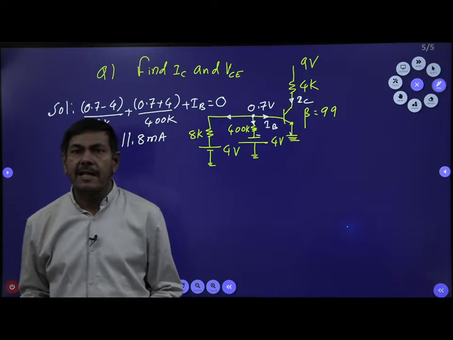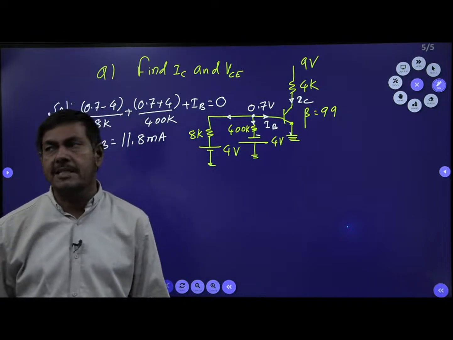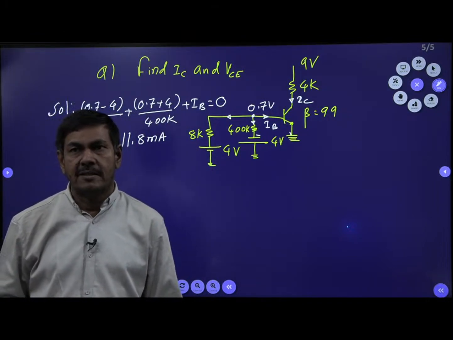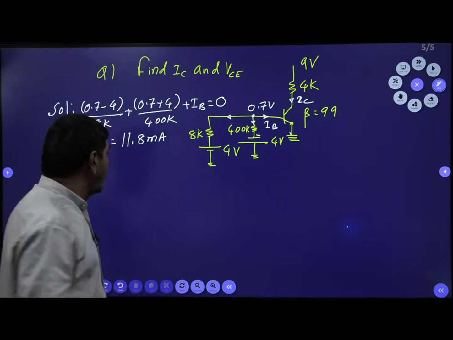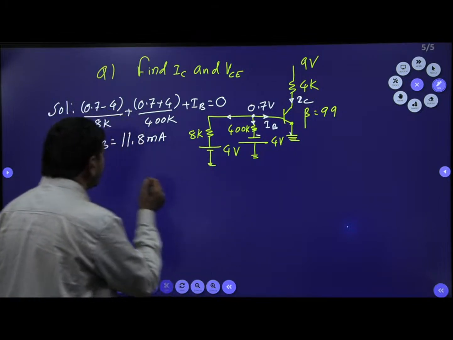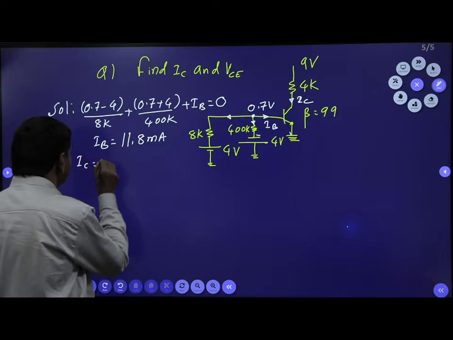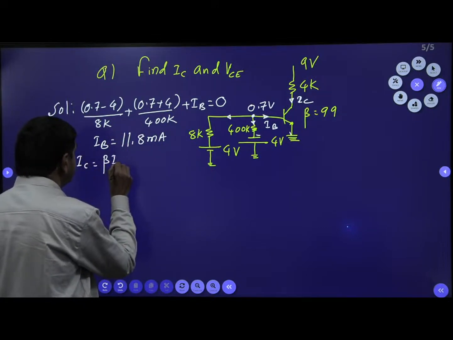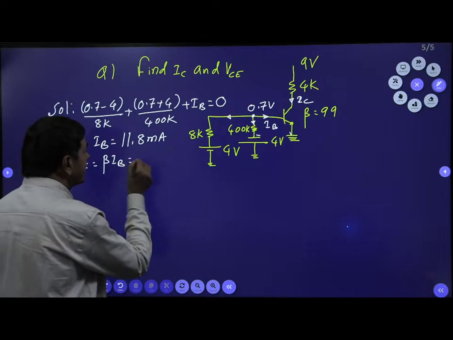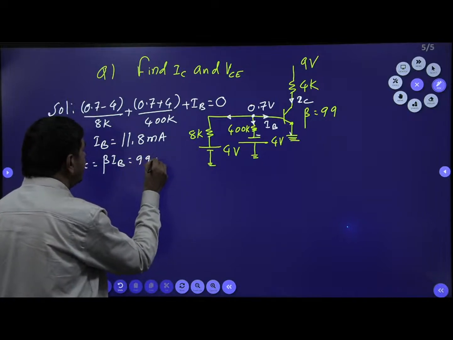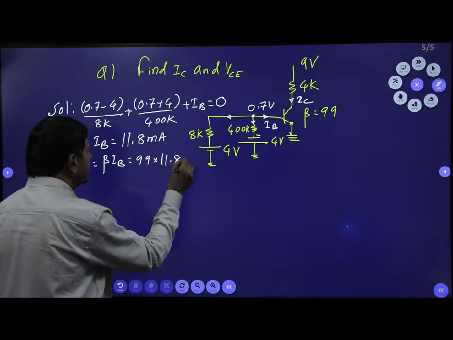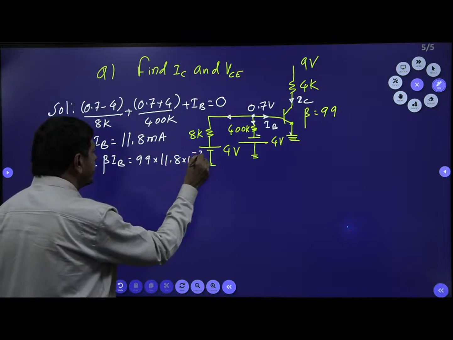I said already, I made an assumption that this transistor is in active mode. If it is in active mode, IC equals, as we know very well, beta into IB. Beta is 99 and IB is 11.8 milliamperes.